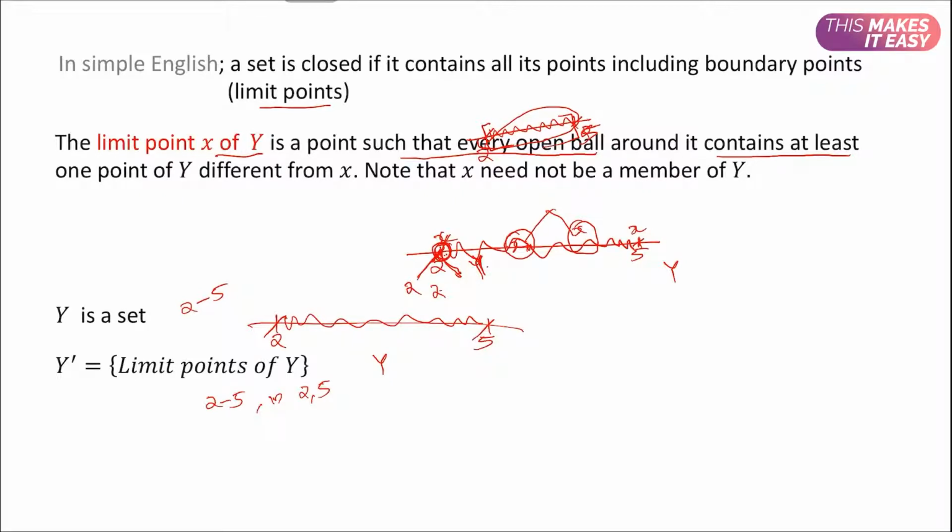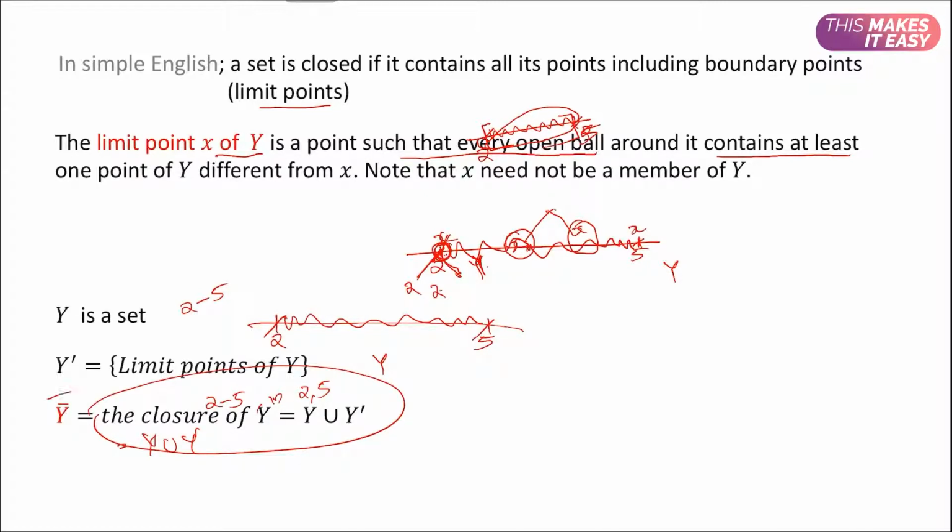Then the union of these two, y union y dash, is called the closure, denoted by y bar. For the time being, please understand that the closure of y is equal to the union of y and y dash. Y is already a subset of y dash, so y bar is basically y dash only. The collection of all the limit points is called y bar.